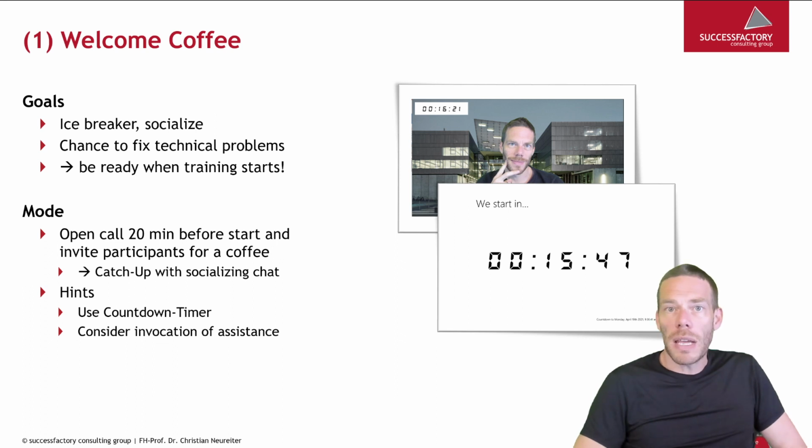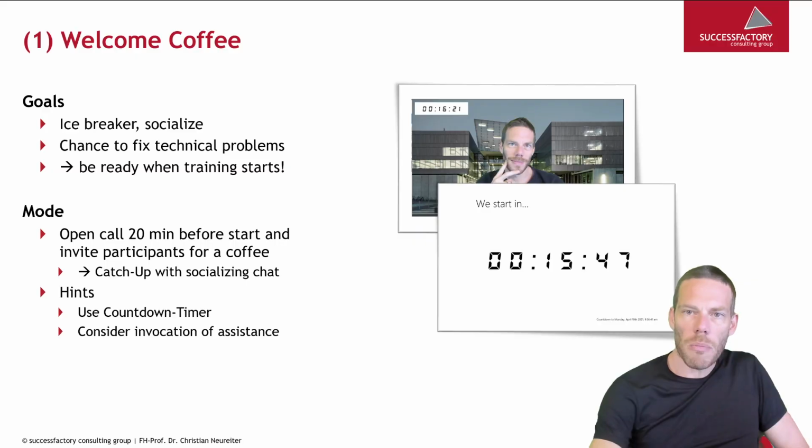And in the morning, when I realize that people already come, they join me for a coffee, then I have a second scene which visualizes myself and also the remaining time until the training starts. So for the participants, it looks something like this. This is the screen that we see during a coffee break or a lunch break. So everyone that comes back already knows when the training will start again.